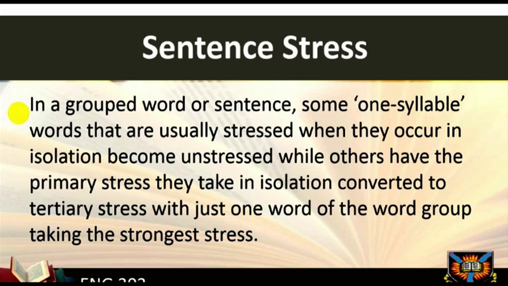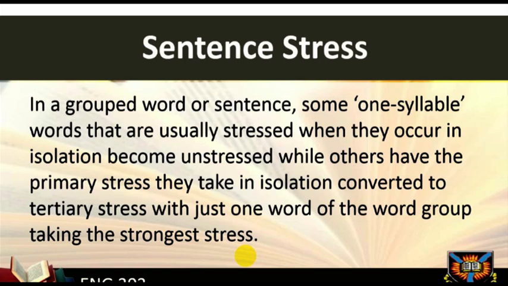Therefore, in a word group or sentence, some one-syllable words that are usually stressed when they occur in isolation become unstressed, while others have the primary stress they take in isolation converted to tertiary stress, with just one word of the word group taking the strongest stress.